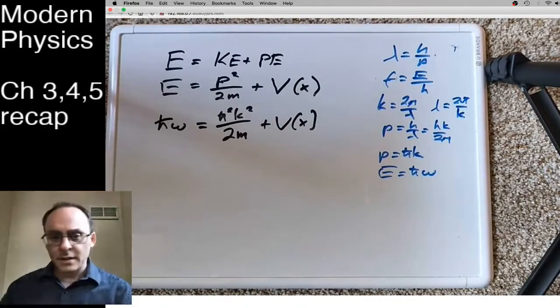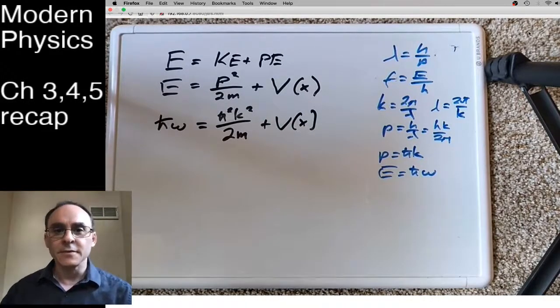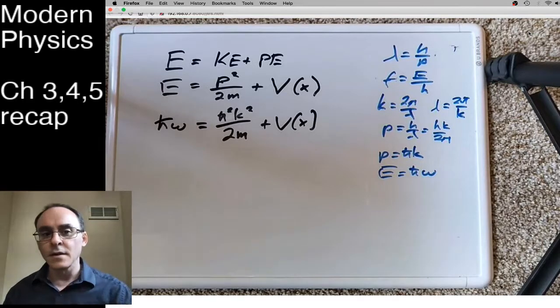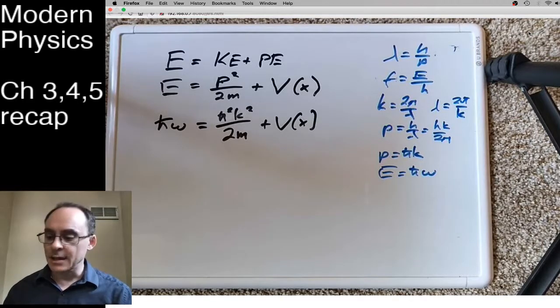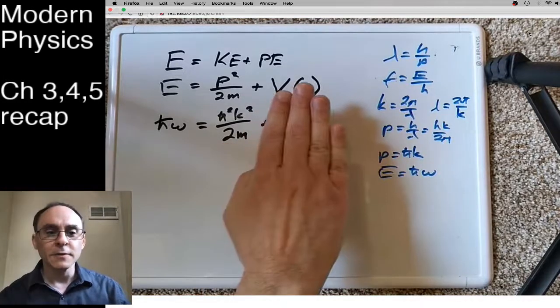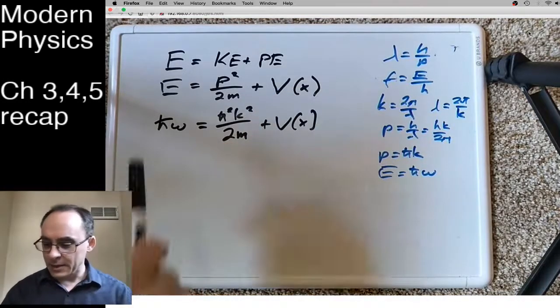This isn't there yet, but it is very suggestive, because it's starting to look like what we might get out of a differential equation for a wave. Let's leave aside the potential for the moment and just look at these terms.